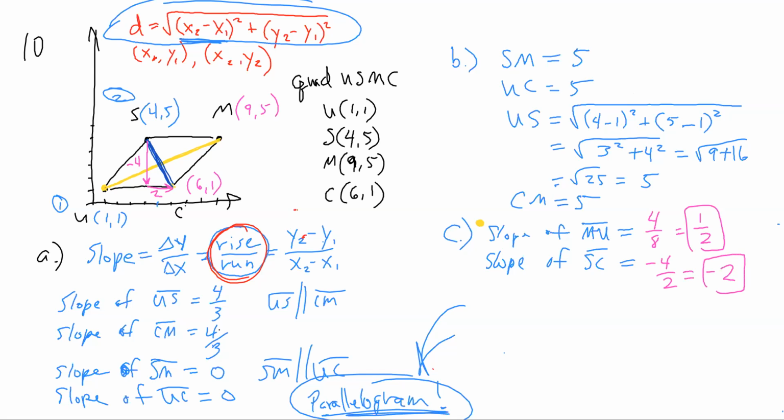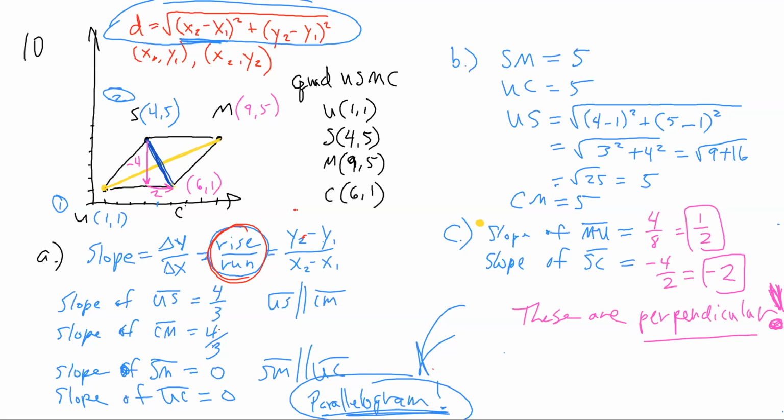And if you remember things about slopes, these are perpendicular because negative reciprocals are perpendicular slopes. Yes, these are perpendicular, we say with exclamation, with emphasis.